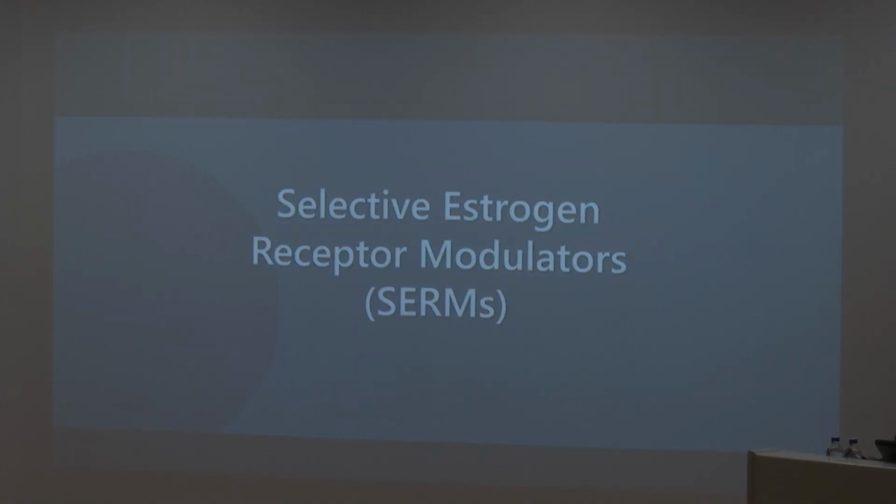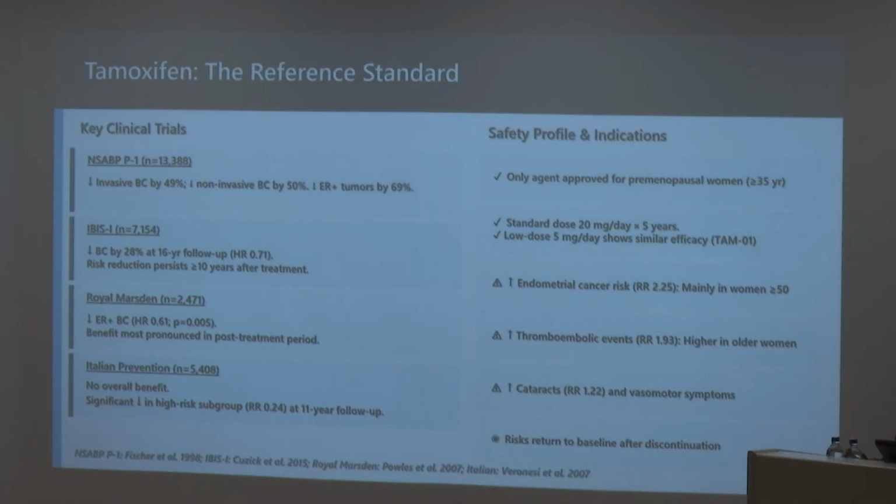So the first agent that we're using in chemoprevention is the selective estrogen receptor modulators, since 1998, because the first trial that was published in 1998 was the NSABP P-1, Breast Cancer Prevention Trial, with nearly 13,000 women.